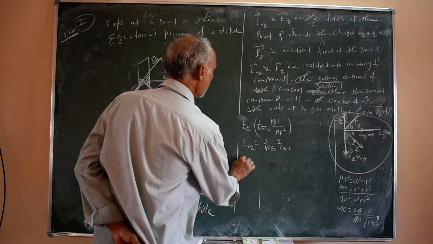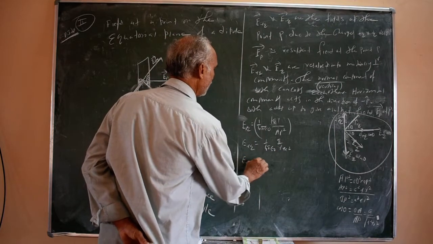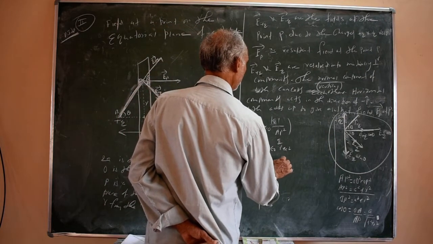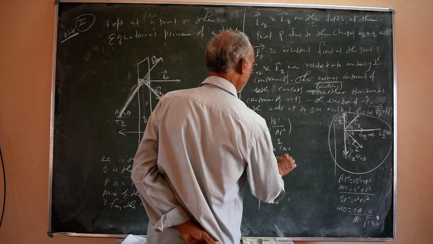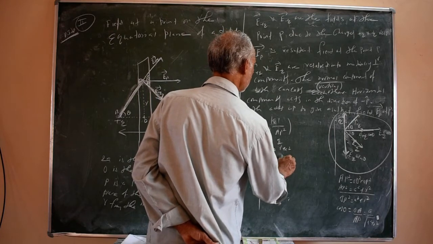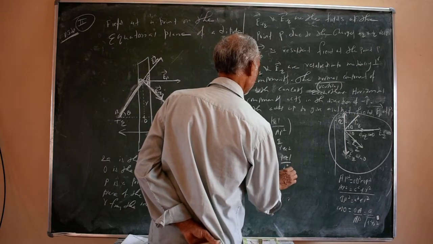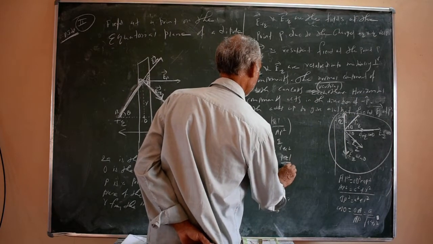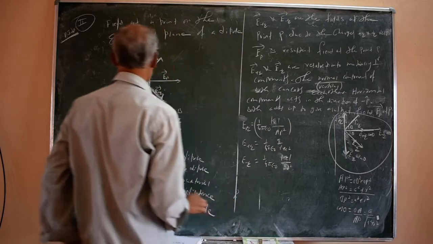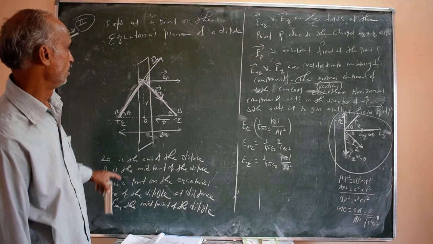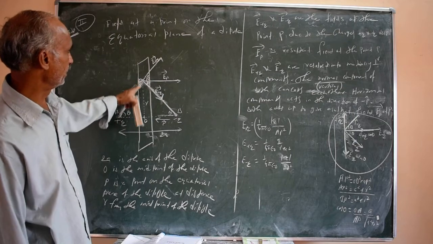And similarly for E minus Q, only the magnitude I am working out: 1 upon 4 pi epsilon naught, Q upon BP square. But BP square is the same as AP square. These two sides, AP and BP, are equal in length, because look, this is the midpoint.